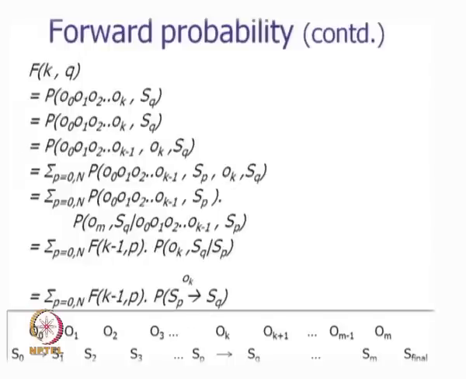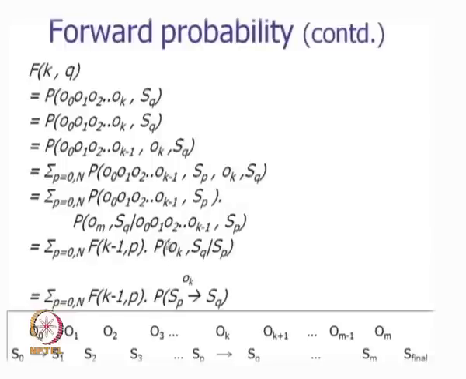So, we are essentially referring to the pattern that obtains at the state and observation sequence as shown here. This will be our pattern of interest. Now, what we can do is take this probability value and isolate the part P of O 0, O 1, O 2 up to Ok minus 1 and Sp here.